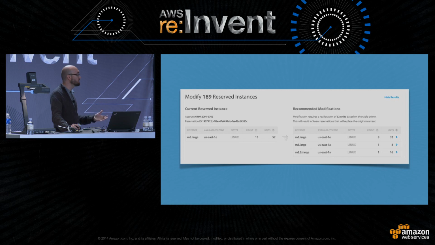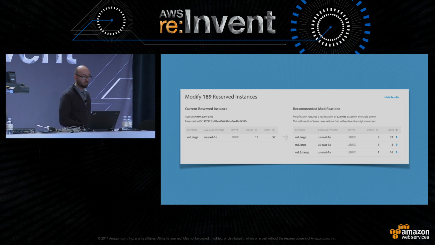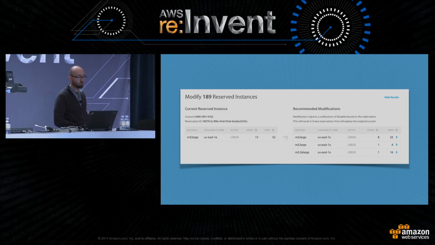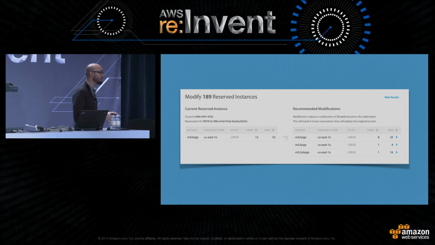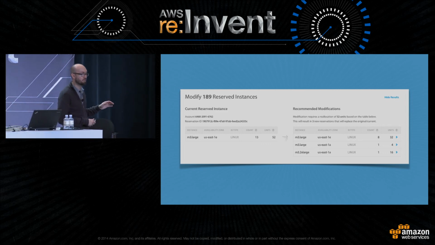So we treat this almost like a coin counting exercise where we figure out, in this case, you've got 52 units. Right now, those are all stuck with M3 larges and US East 1E. You're not getting a whole lot of value out of that. Let's break that out into several M3 larges and different AZs and some M3 2XLs and another AZ. We're taking all 52 units, applying them out, and increasing your overall savings rate.